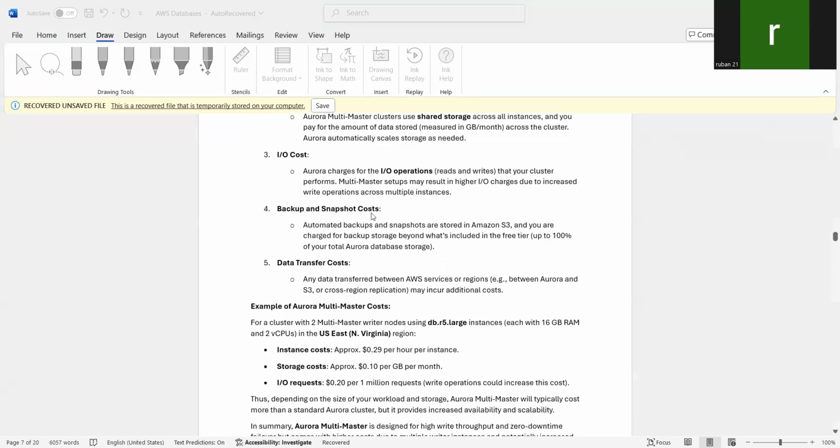Next, backups and snapshot cost. Automated backups and snapshots are stored in Amazon S3, and you are charged for backup storage beyond what's included in the free tier. Within the free tier, there is no charge, but if you use more than 100% of your total Aurora database storage, then it is charged.